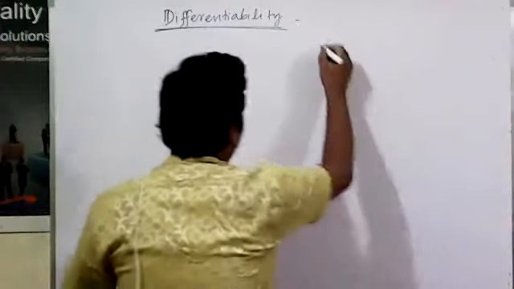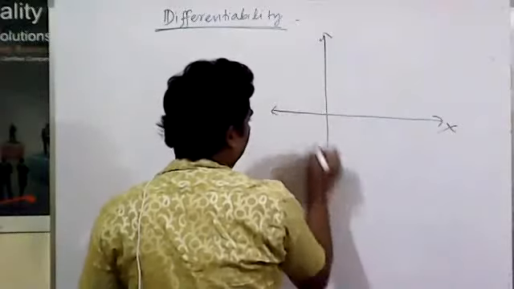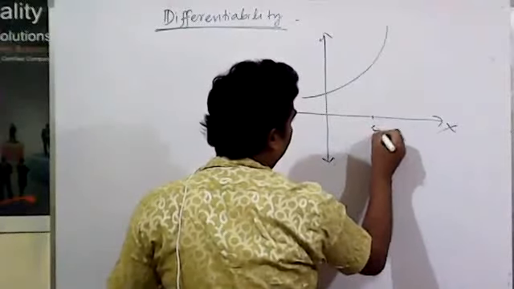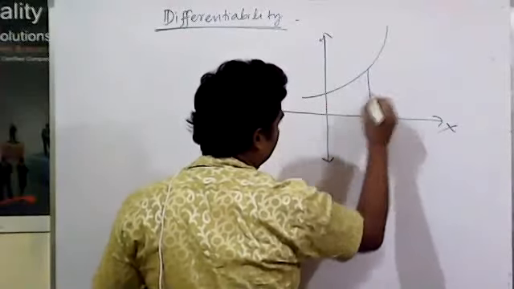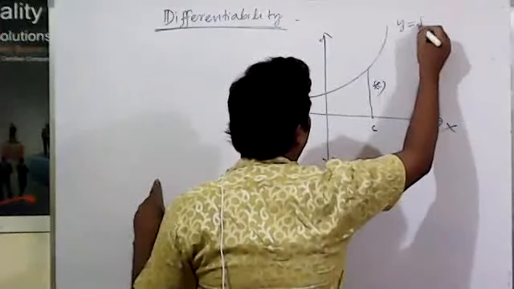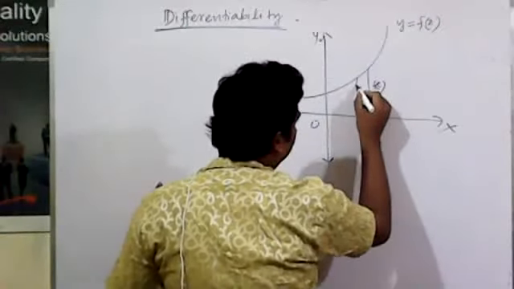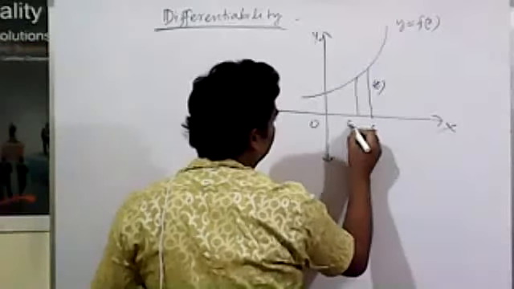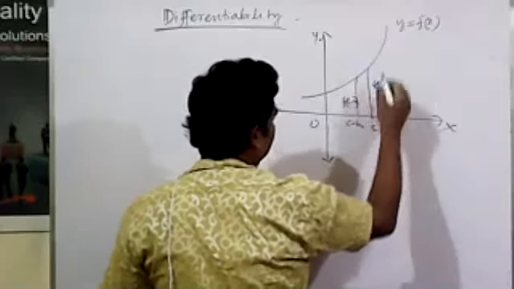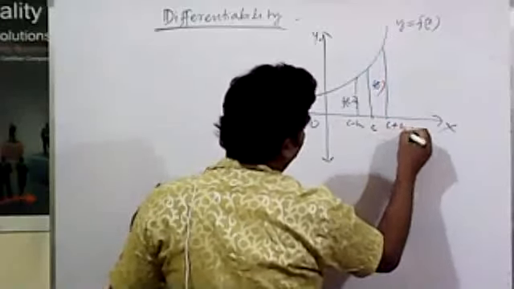Let us take a function. The function is in this way. Suppose c is a point. This is f(c), because y is equal to f(x). A small change gives c minus h, that means the function value at c minus h here. Then this is c plus h.